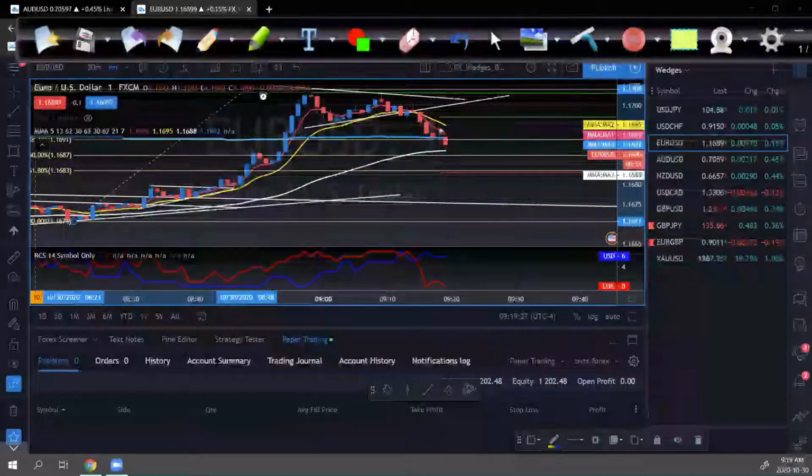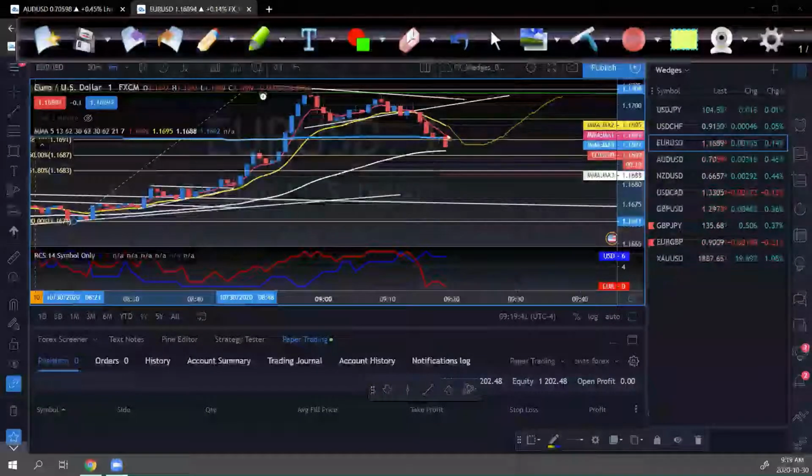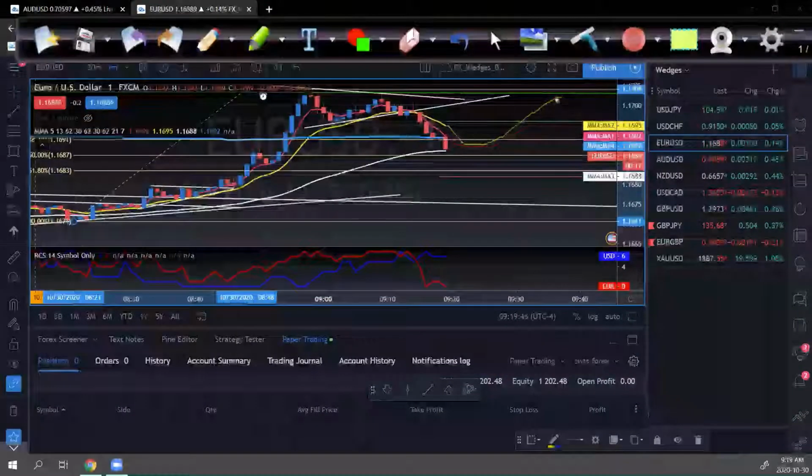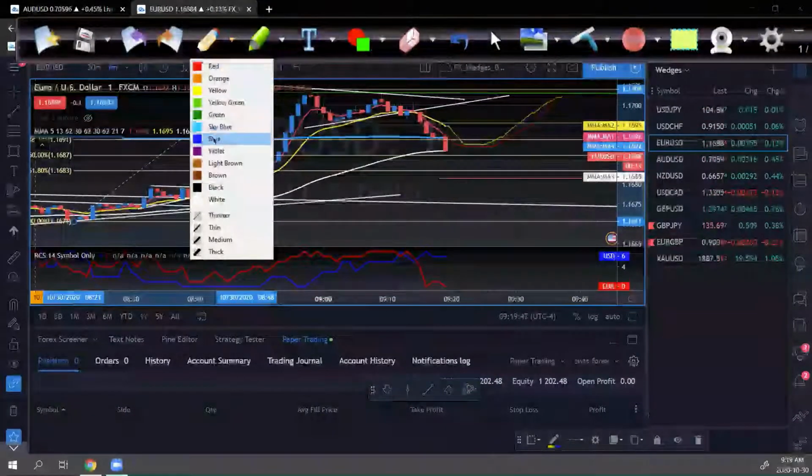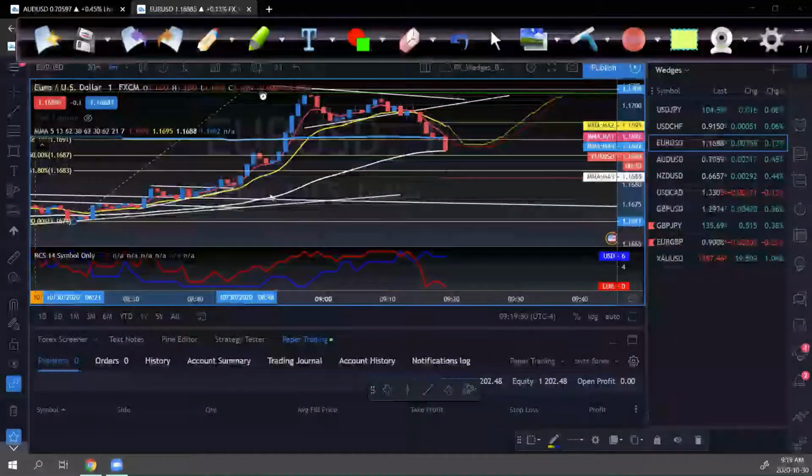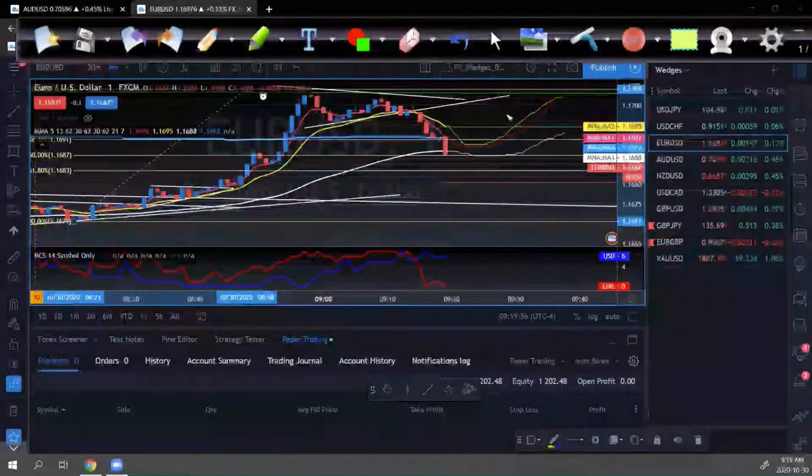If it just does something like this, comes down and bounces, and then this one could come down and bounces, and then this one comes here and stays here, then this is a very strong buy.